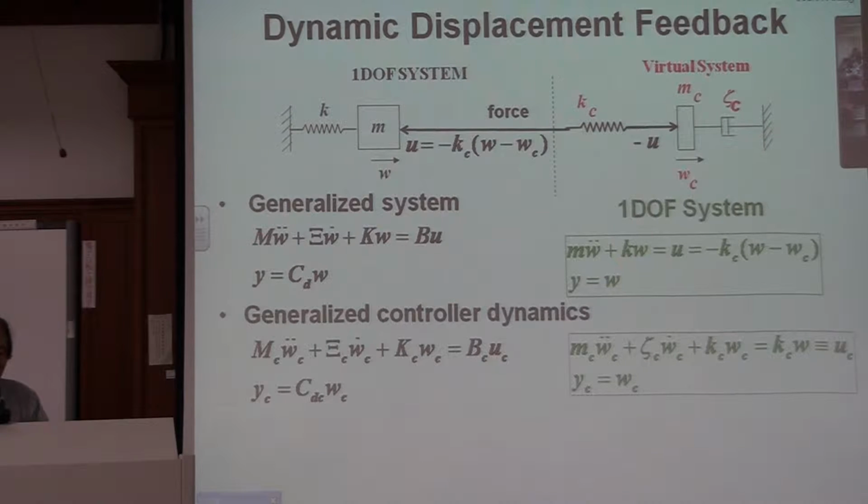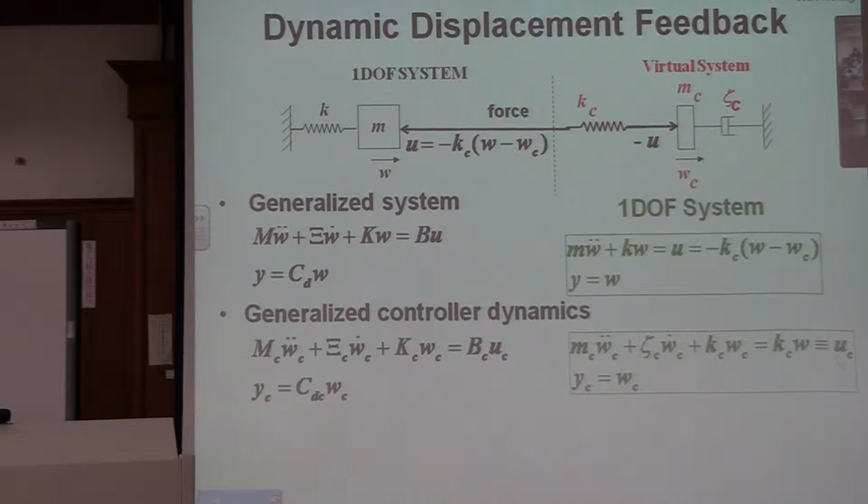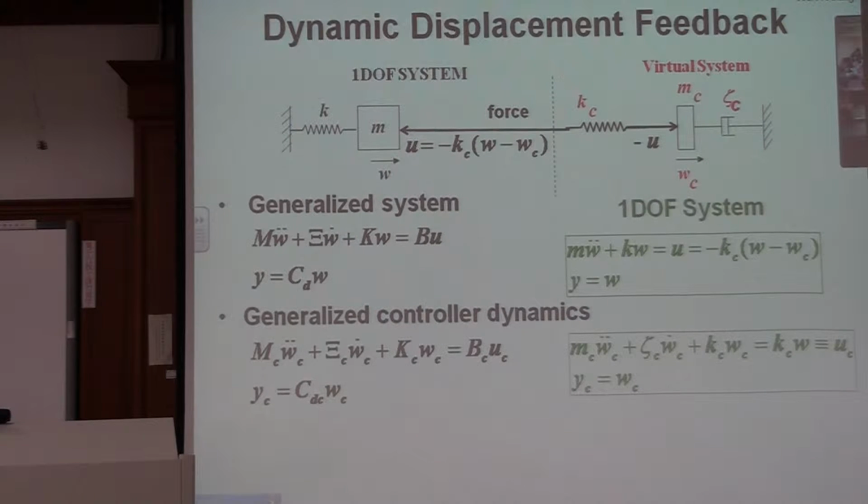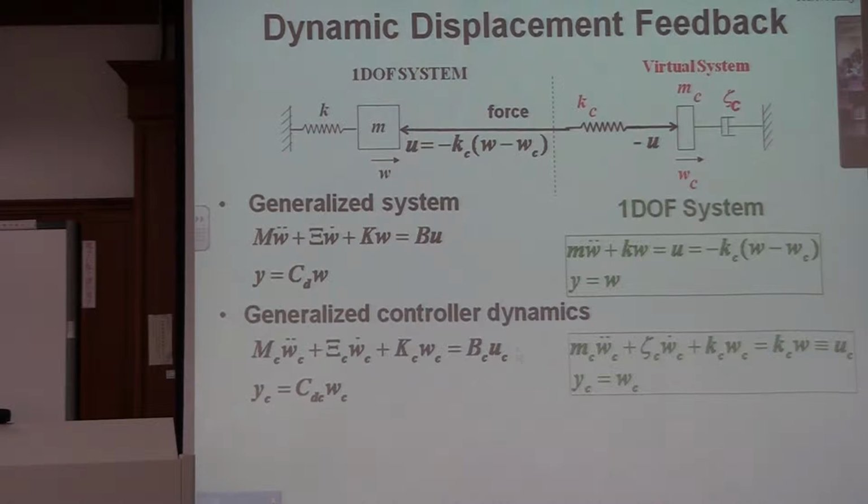And my UC here will be my KCW, and the UC here can be something else. So now, from one degree of freedom it becomes a generalized system, and that's the dynamics you can use for it.